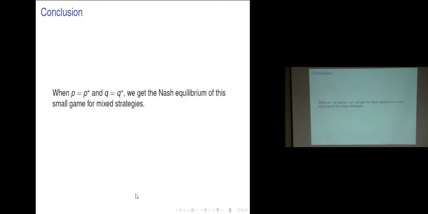So the conclusion is this point is special. When P equals P star and Q equals Q star, you get a Nash equilibrium of this small game. And so I hope that convinces you the Nash equilibrium always exists, right?